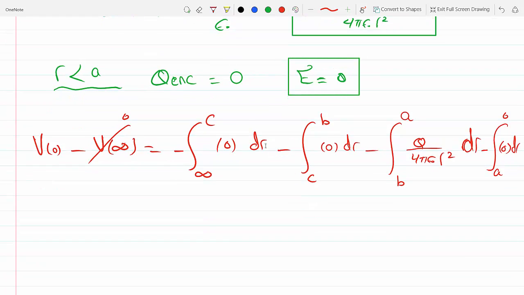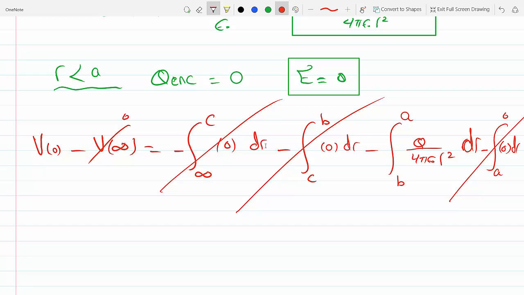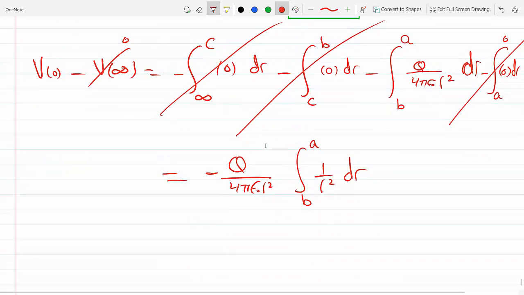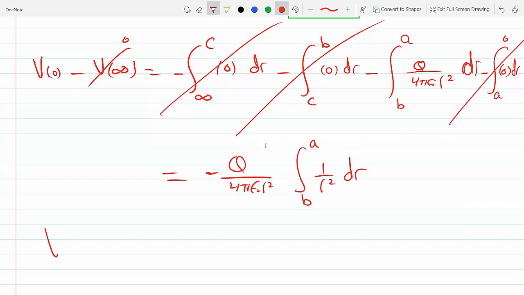So they're all zeros except B to A, and V infinity is 0.